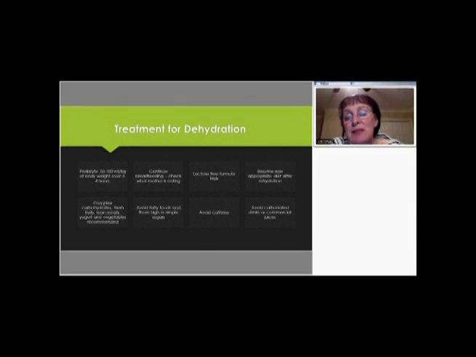Once they're rehydrated, you can resume their normal diet. Then you can give them complex carbohydrates, fresh fruits, lean meats, yogurt, and vegetables. Avoid fatty foods and those high in simple sugars. No caffeine, no carbonated drinks or commercial juices.